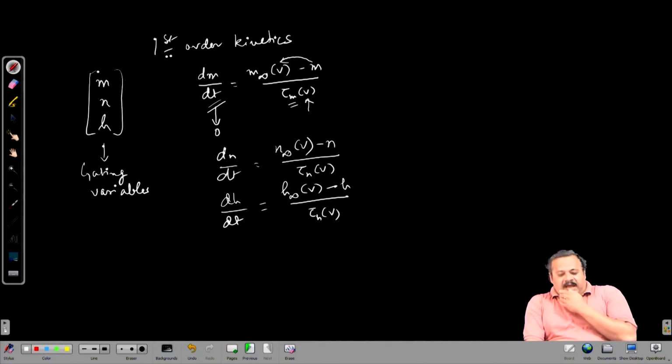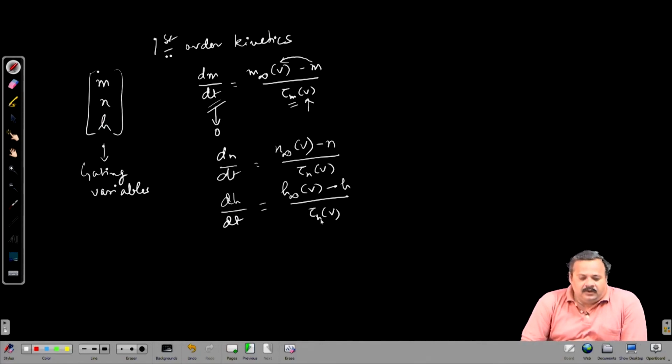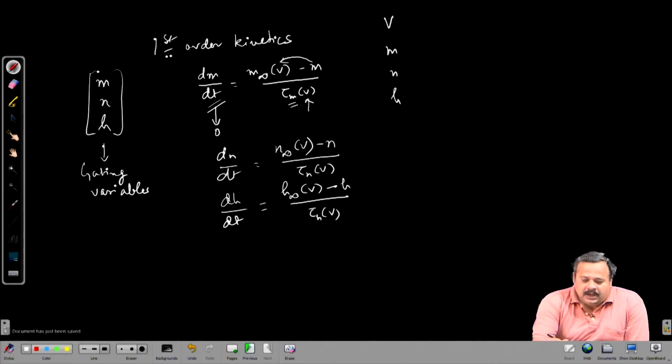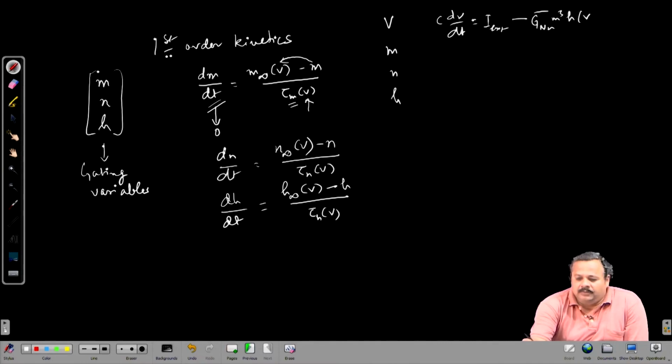So, we now have a set of 4 variables V, m, n and h, and we have 4 differential equations governing their dynamics, that is our C dV/dt equation with the I external minus our g Na bar m cube h (V minus E Na), and the rest of the terms you are now completely familiar with.